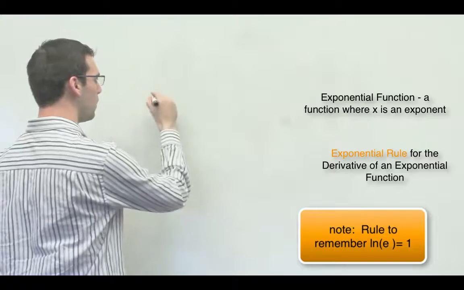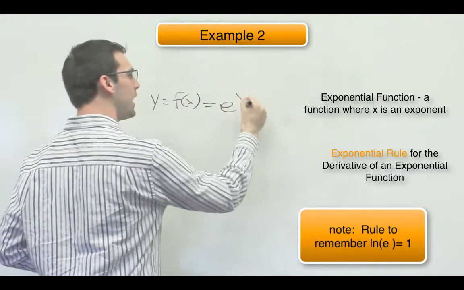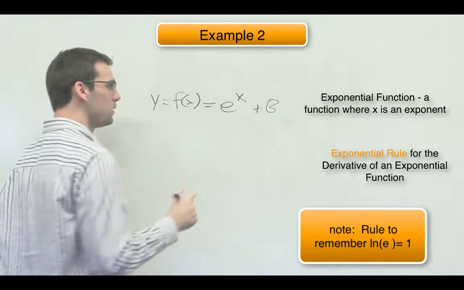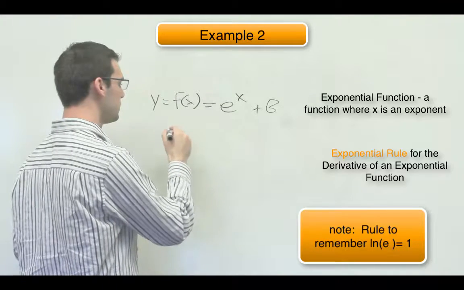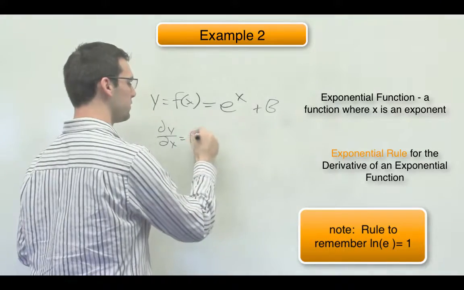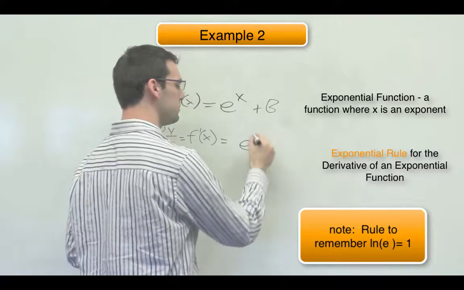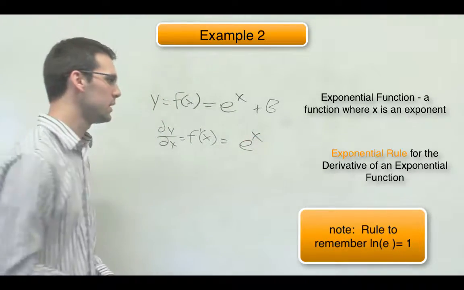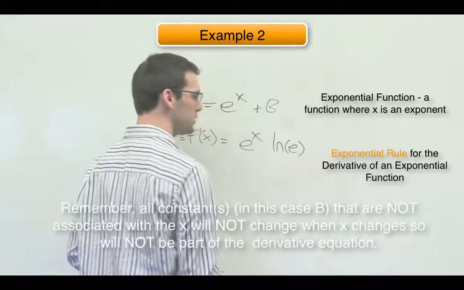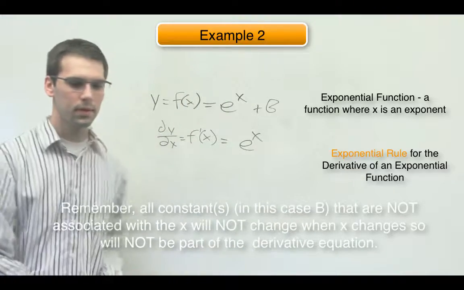So I'll go ahead and write that out. If y equals f of x equals e to the x, plus, for the sake of consistency, a constant, then dy over dx equals f prime of x equals just e to the x, because it's e to the x times the natural log of e, which of course is 1, so we end up with just e to the x.